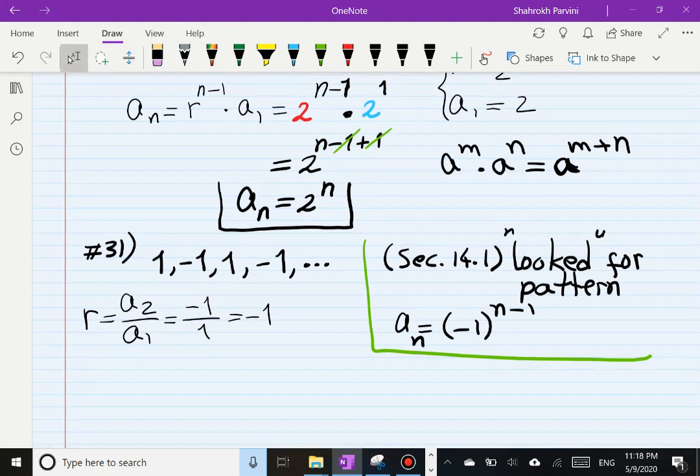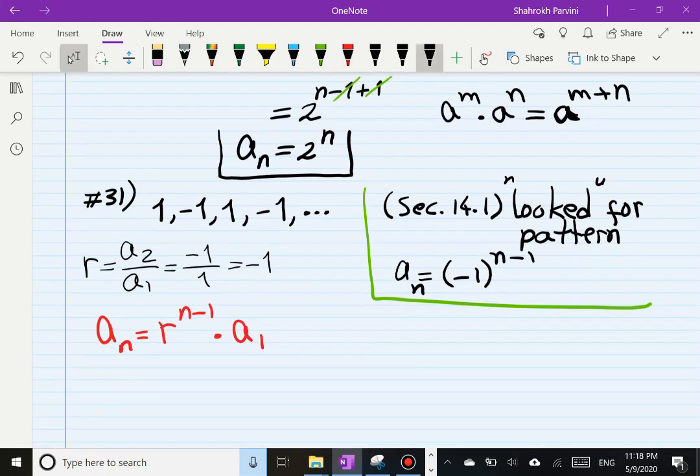And what was the formula for the nth term? Let me write the formula once again: a sub n equals r to the n minus 1 times the first term. Now, in this formula, we plug in: our first term is 1, and the common ratio is negative 1, right?